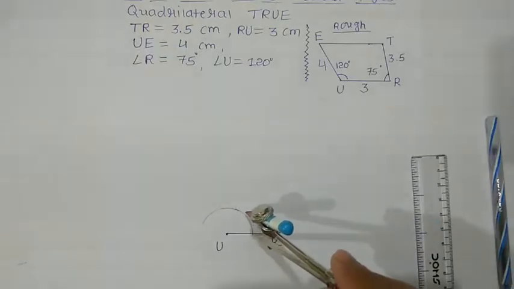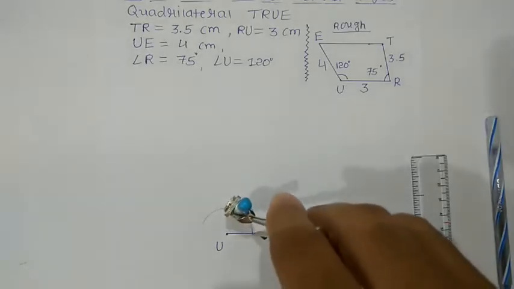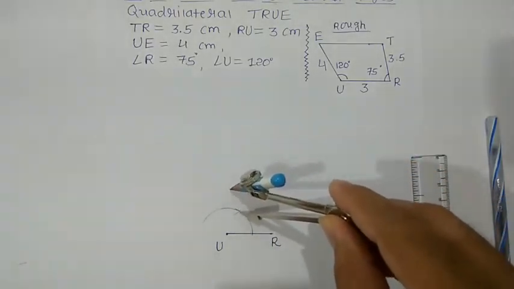Now with the same radius we have to make an arc by taking this point, this is the first arc and this is the second arc.